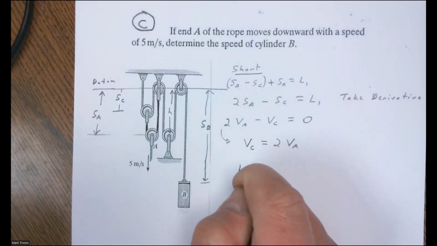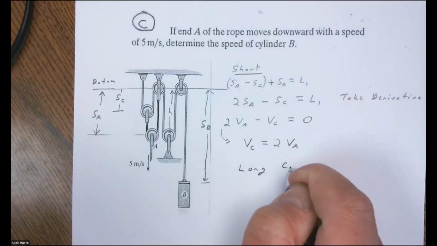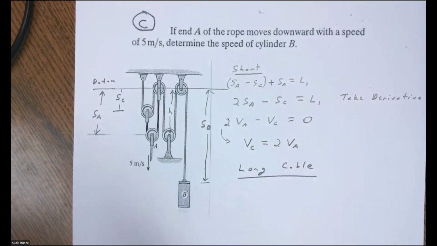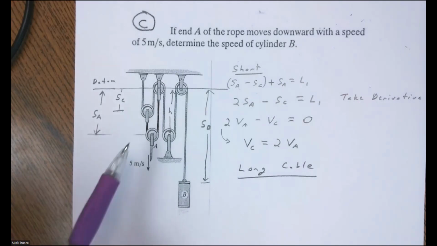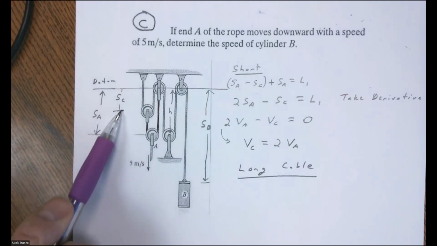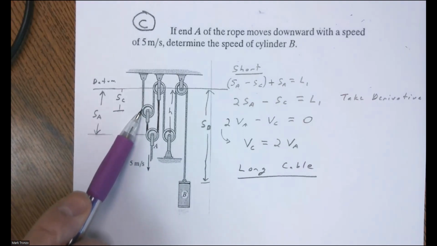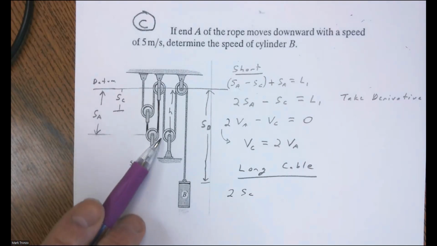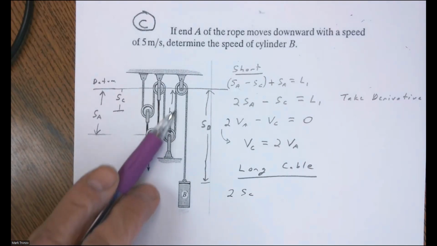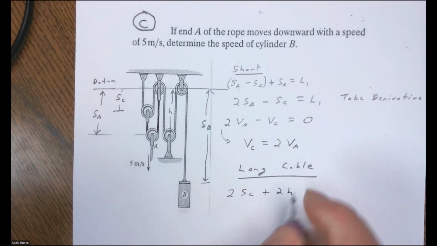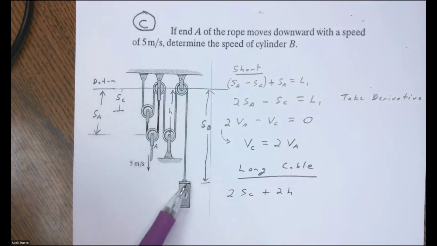So now let's look at the long cable. See if we can come up with an equation for that. So the long cable will be this piece and this piece. So it's going to be like 2SC, right? This one plus this one, 2SC, then plus this length plus this length. So it's going to be 2H. Finally, plus SB.